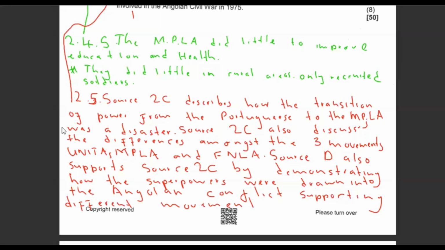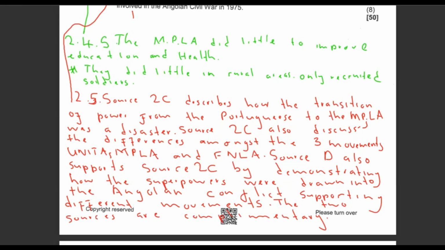So that's where you see that these two sources complement each other. So you can actually say the two sources are complementary. They are complementary, they support each other.